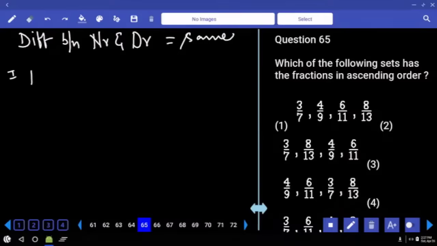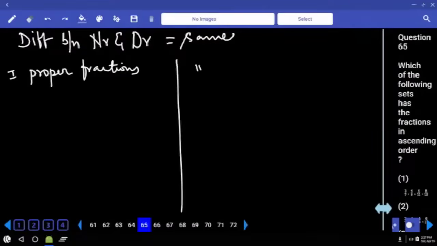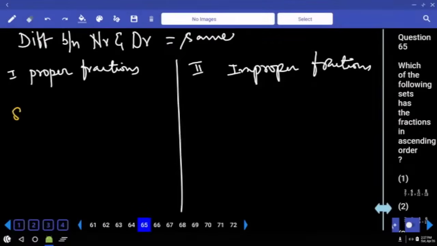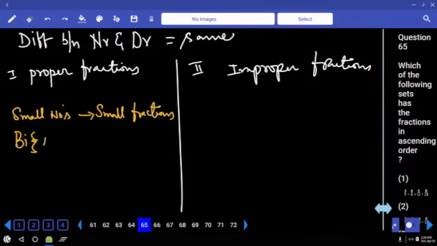Number one, if they are proper fractions, small numbers are small fractions. Big numbers are big fractions.